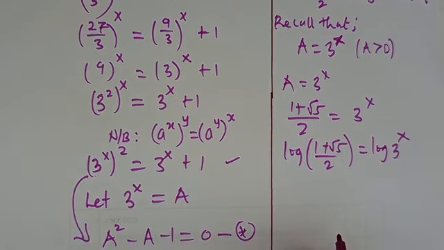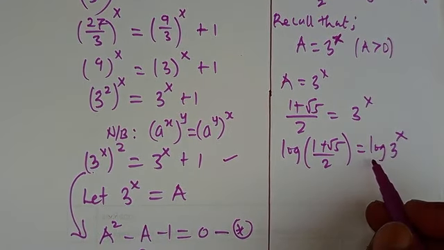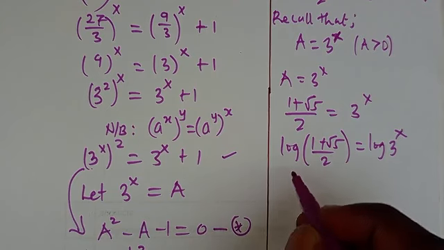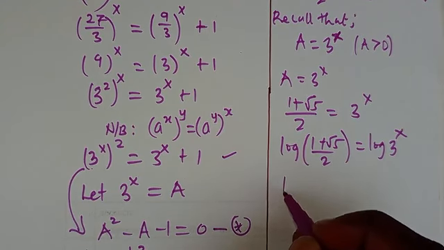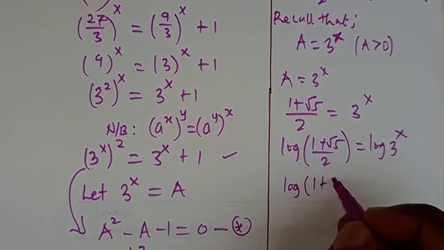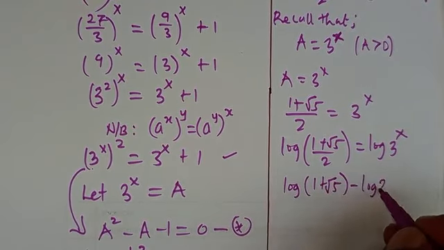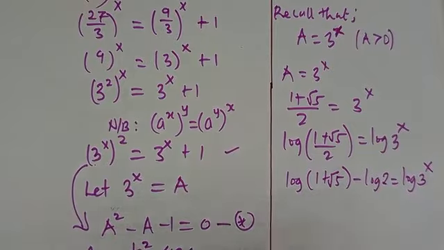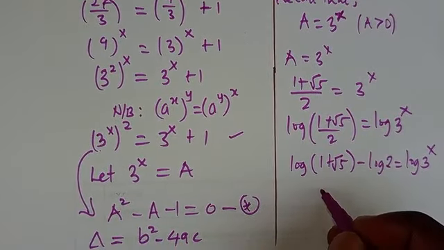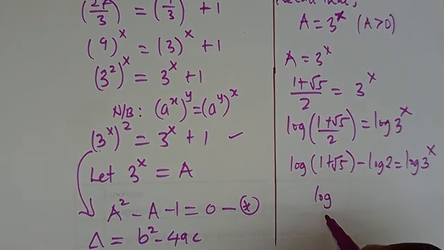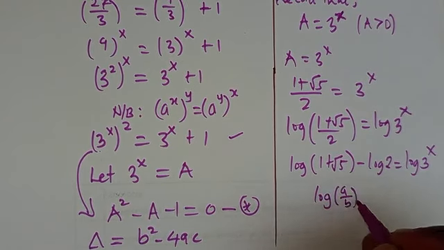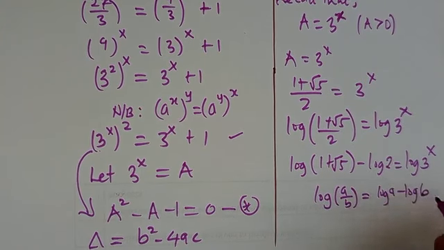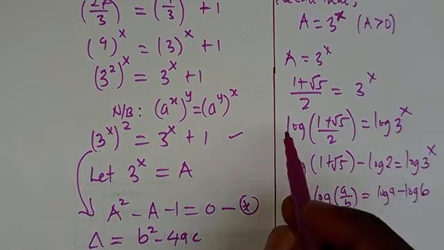So now the next thing is that we can rewrite this equation, but before that, we can see this is log of a fraction, so this can be written as log (1 plus root 5) minus log 2, equals log 3 to power x, right? So we use this law of logarithm that says when you have log a over b, this is going to give us log a minus log b.